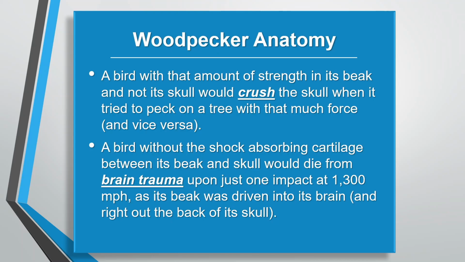A bird without the shock-absorbing cartilage between its beak and skull would die from brain trauma upon just one impact at 1,300 miles per hour, as its beak was driven through the back of its brain and right out through the back of its skull.